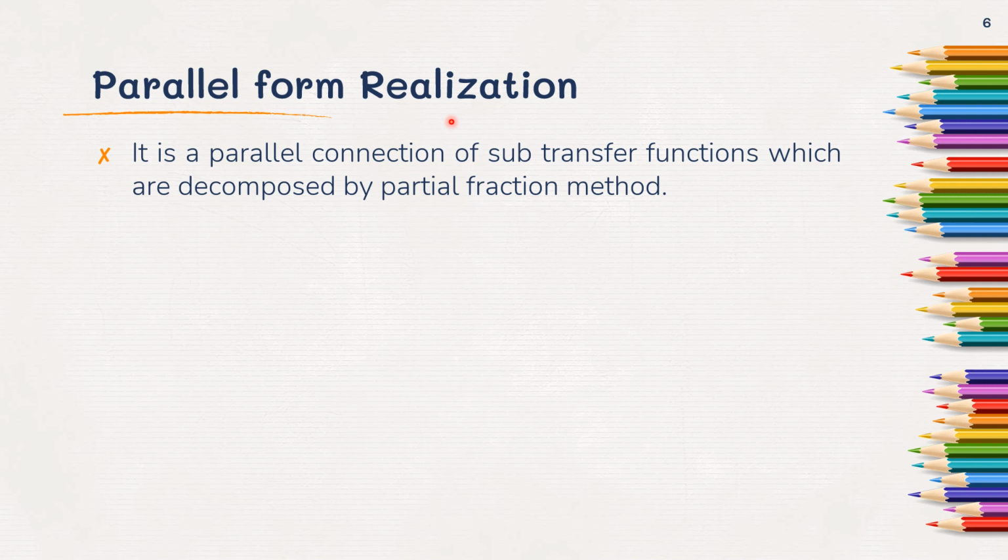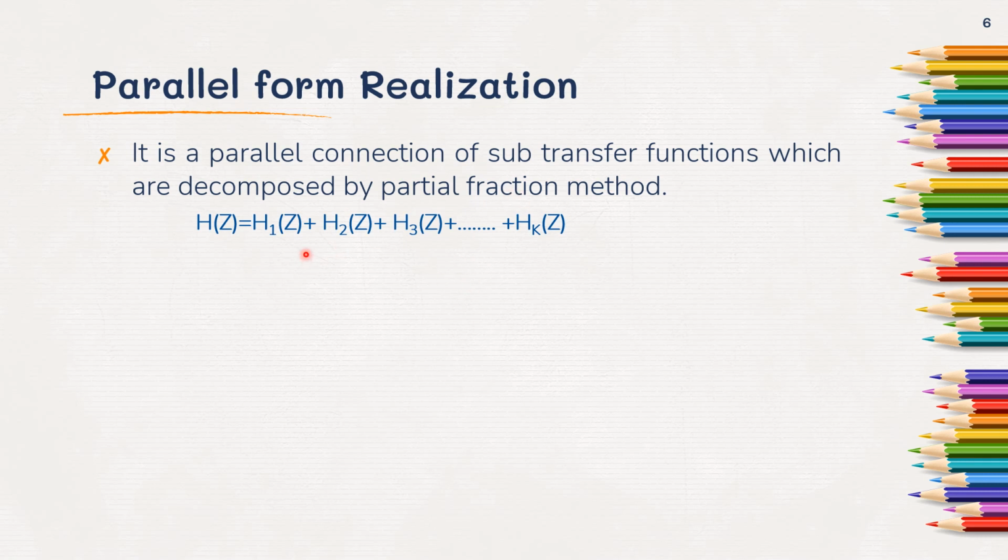What I do in the case of parallel form realization is I split up the overall transfer function into H1 of z, H2 of z, that is, I take a parallel connection. In the previous case, in cascade connection, it was a series of transfer functions, a cascade of transfer functions.